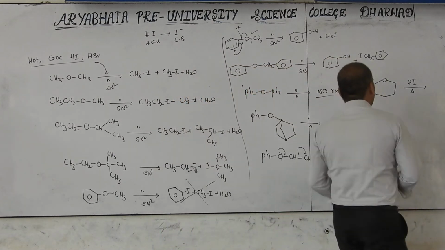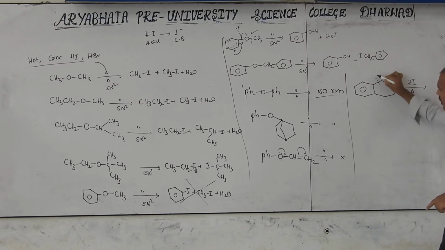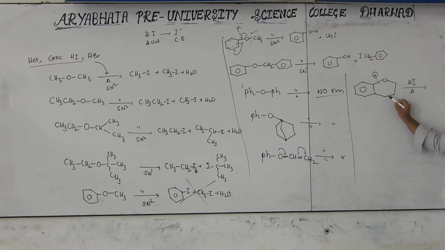Okay, so the O is bonded to which side? Bonded directly to benzene. Is breaking this side bond possible? No, it is not possible because this is bonded to benzene. But the other side is not bonded to benzene; in the middle there are so many CH2 groups.